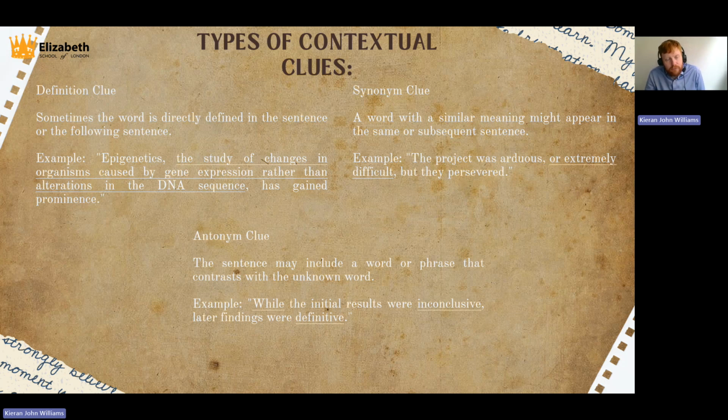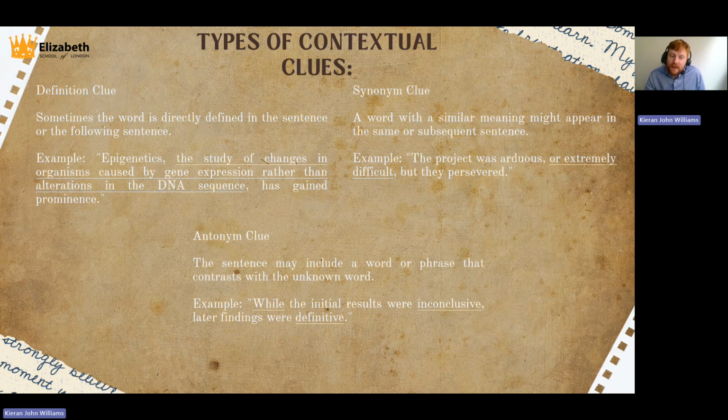So if we know it starts with while, and then it tells us the word inconclusive, well, maybe we don't know what inconclusive is. But in the second part of the sentence, we've got definitive. So definitive is a good thing, yeah? Okay. So we know that because we've started with while, there's going to be a negative and a positive. There is a positive in the second part. So we know that the first part is going to be negative.